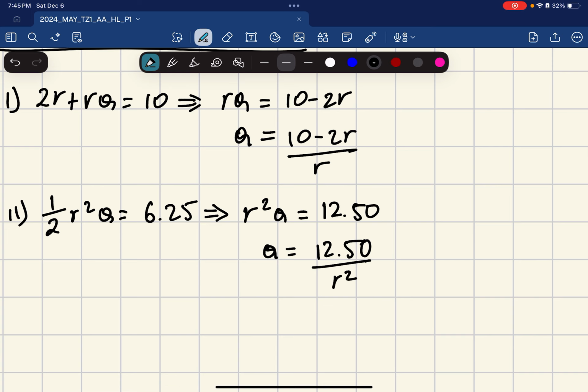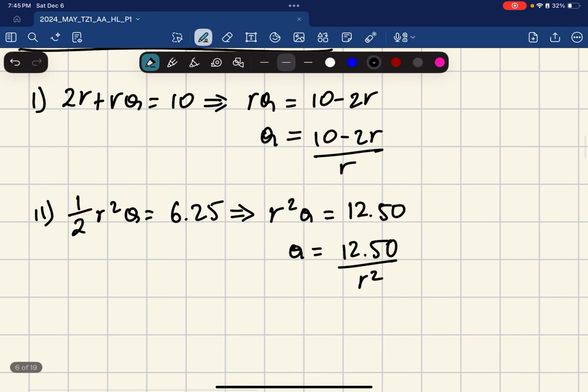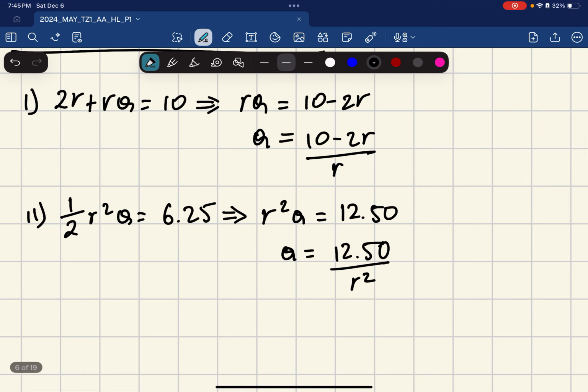Okay, so this is the beautiful part I was talking about. The reason why we did this is because now we have two equations that relate r to theta. And not only that, but we have two equations for theta. So we can find theta using this one or the other one.